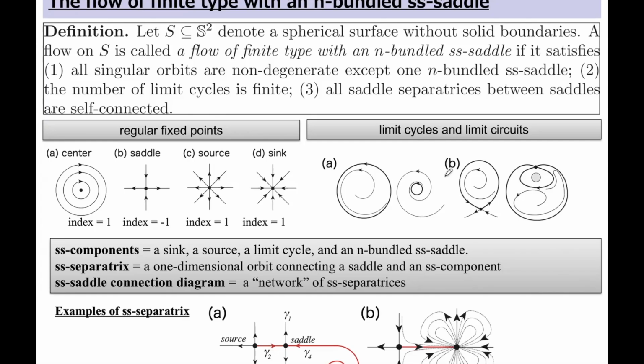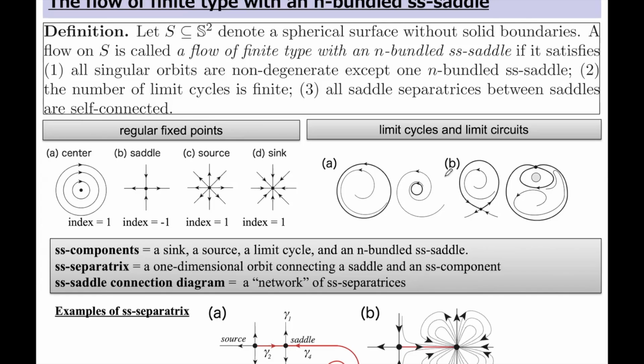We can create a new theory for the TFDA suitable for this class of vector field. So here is an explanation. We identify the regular points, the center, the saddle, and source and sink. We also need to identify limit cycles and limit circuits like here. Then the sink, source, limit cycle, and the boundary saddle degenerate point can be regarded as a class of component.